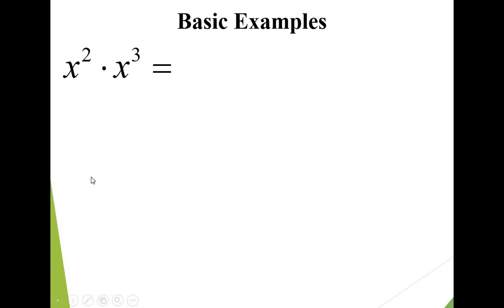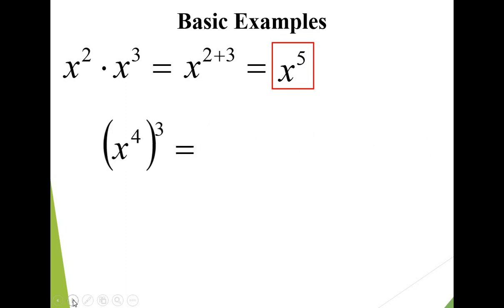That's what the first law taught us to do. Once the bases are the same, we simply add the index. So here we have x to the second power plus the third power, which gives us x to the fifth power. Let's look at another example.